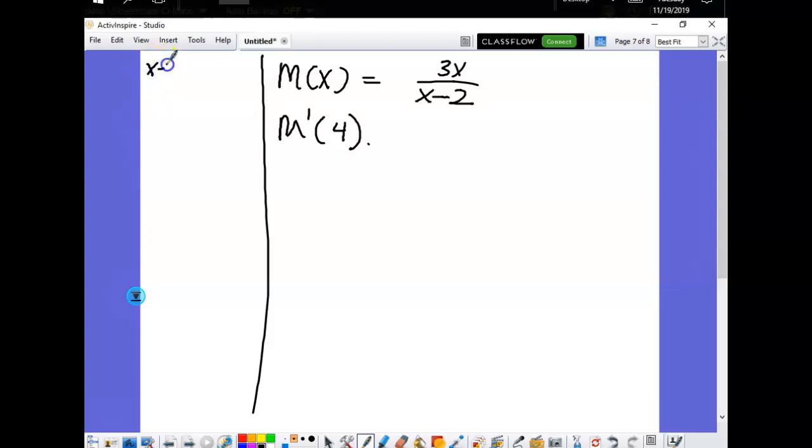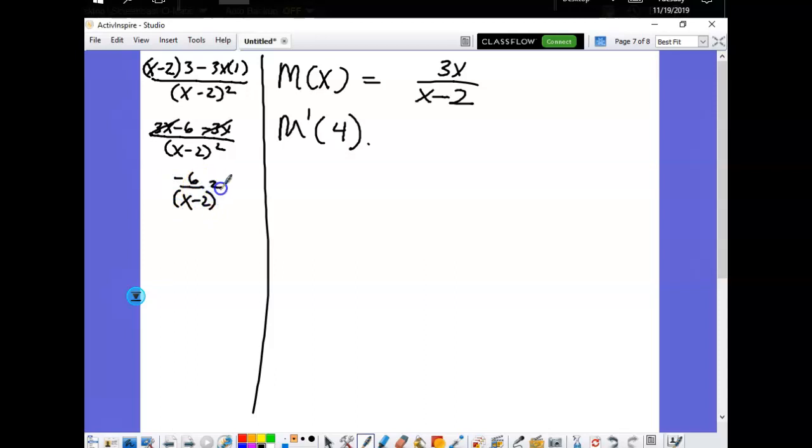So low d high minus high d low, draw a line, square below. So we should end up with -3/2 as the final answer.